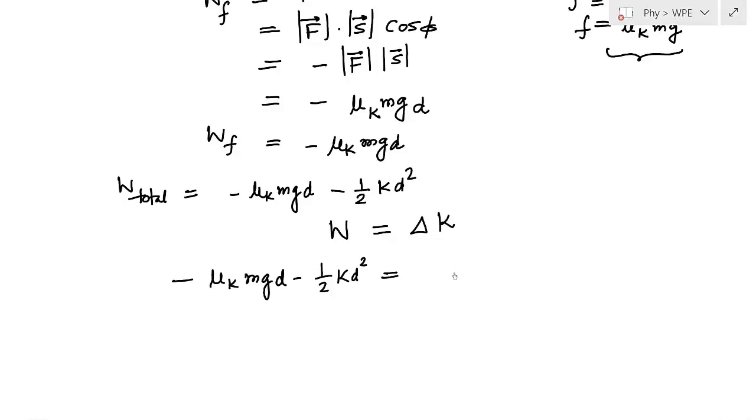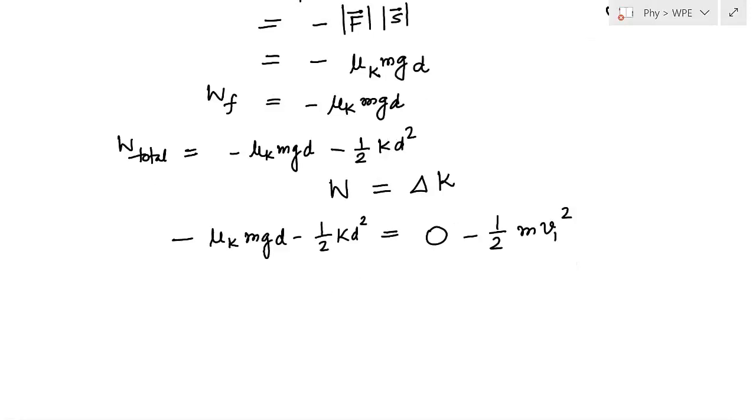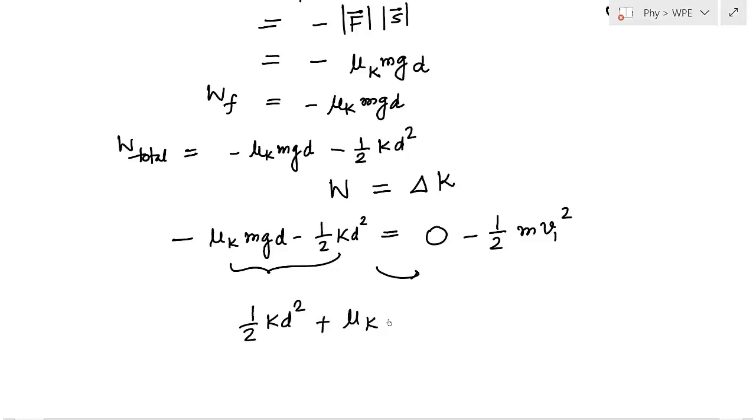So change in kinetic energy will be final minus initial. Initial is half m v1 square, and this v1 is given. So if I simplify a little bit, let's take all terms to this side. So we can write half kd square plus mu k mgd minus half m v1 square is equal to 0.